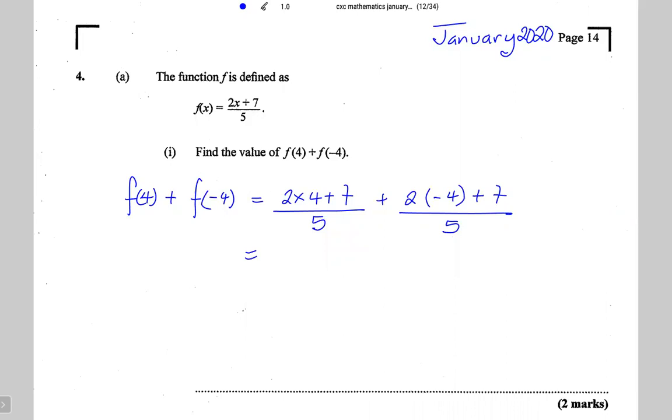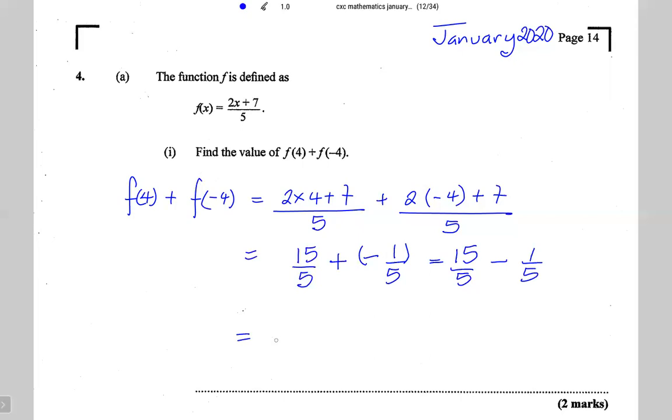2 4s are 8. 8 plus 7 is 15. So this is 15 over 5. Plus 2 times minus 4 is minus 8. Minus 8 plus 7 is minus 1 over 5. So what we have is 15 over 5 minus 1 over 5.